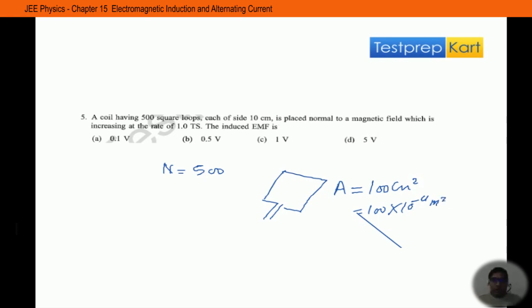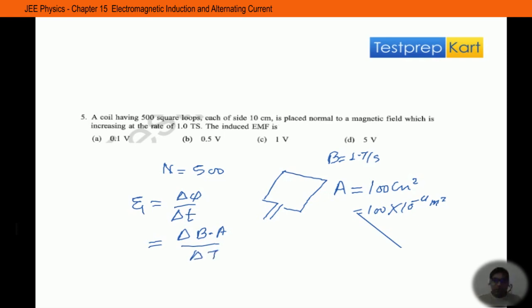It is placed in a magnetic field which is increasing at the rate of 1 Tesla per second. So your B is changing at 1 Tesla per second. From here we can see that induced EMF is equal to delta phi over delta t. And delta phi, if B is changing, is delta B into A, over delta t.